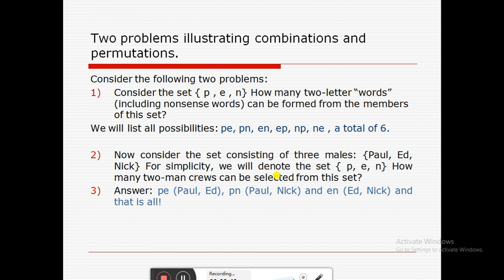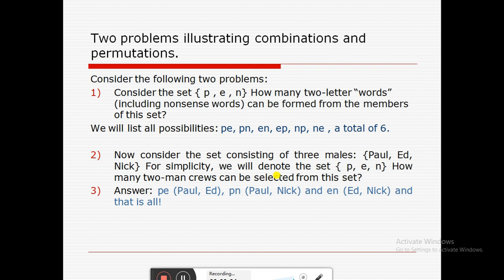That's all. Here in the first, there are 6 possibilities that can be formed from the members of this set, whereas here there are 1, 2, 3. How many 2-man crews can be selected?